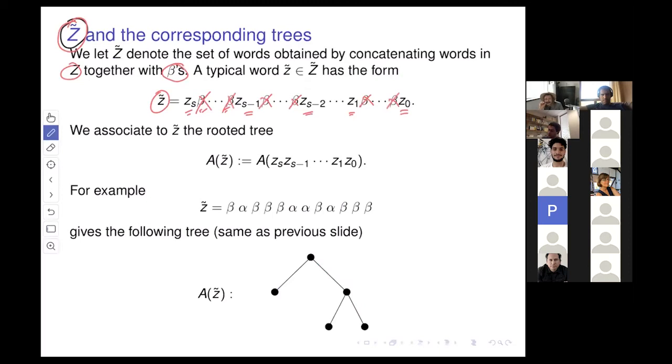Okay, so for instance, in this example, I do the parentheses in all possible ways, and then I'm left with a bunch of betas that I need to ignore. And so I draw the tree, and it's the exact same tree from before. So of course, it's no longer the case that I can recover the word Z tilde from the tree, because I'm dropping that. Okay, so it's just a one-way street for now.